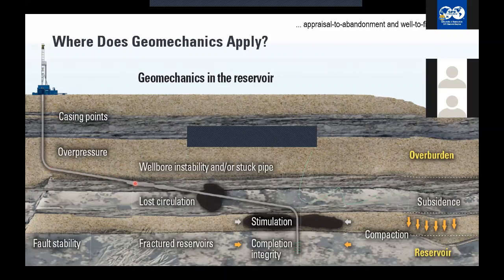Deviated wells have their own challenges, and the application of geomechanics is immense, because compared to a vertical well and a deviated well, the stress from this side, the stress perpendicular to the screen, and the stress from the top, the three principal stresses, let's say, if I talk about the stress state on the rocks around the wellbore, will change in a deviated well in comparison with the vertical well.